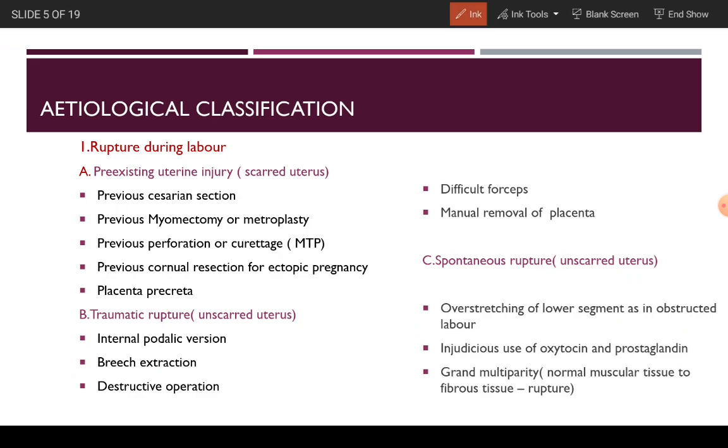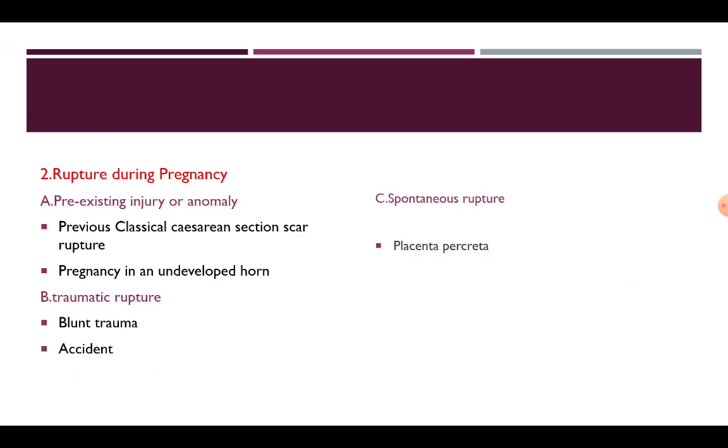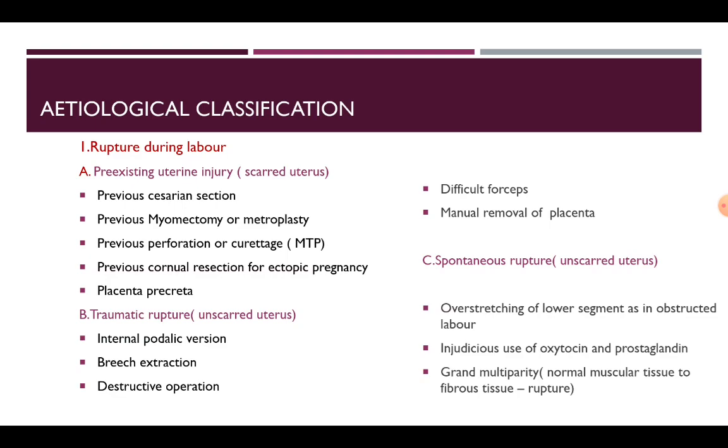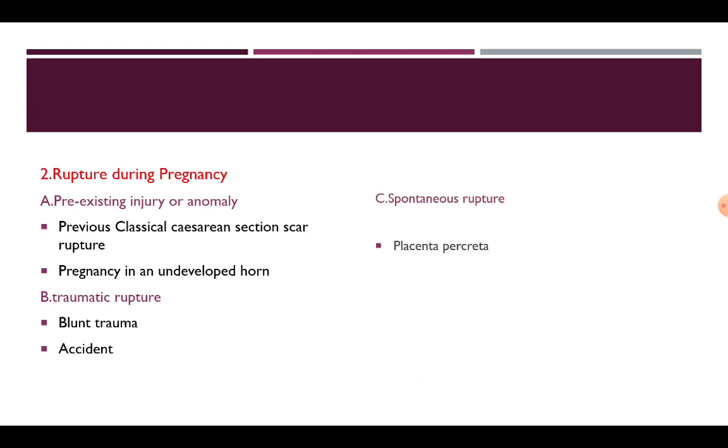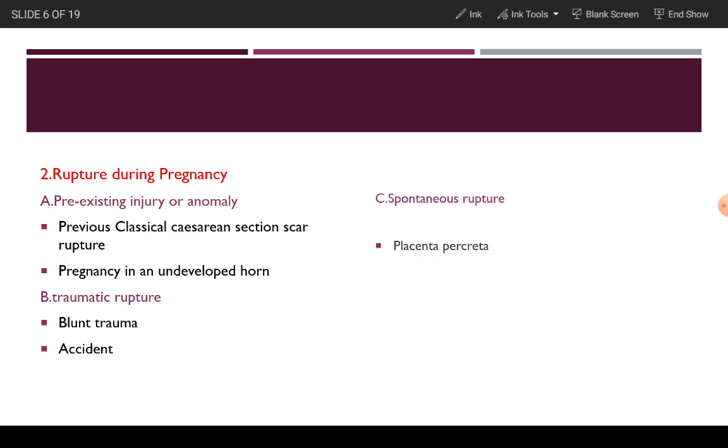Now first of all we have to know what the reasons for this are. As I have told, the rupture can occur either during pregnancy or during labor. First we will study what is happening during pregnancy, what may be the problem.